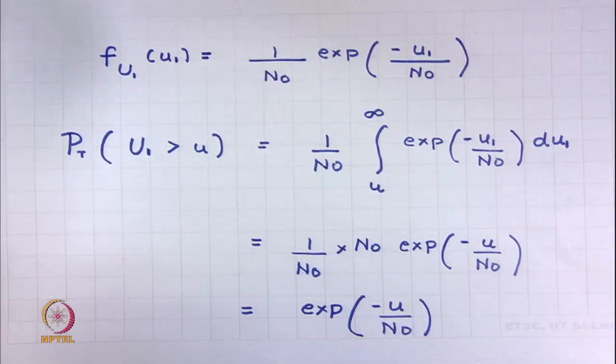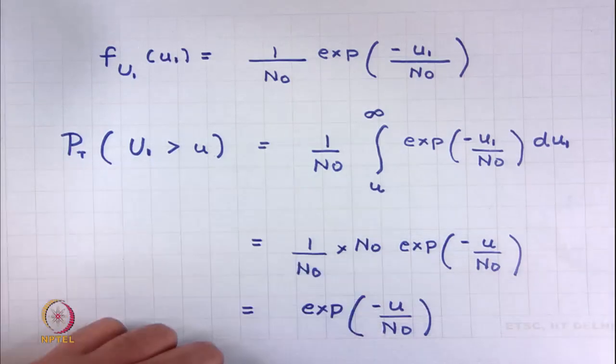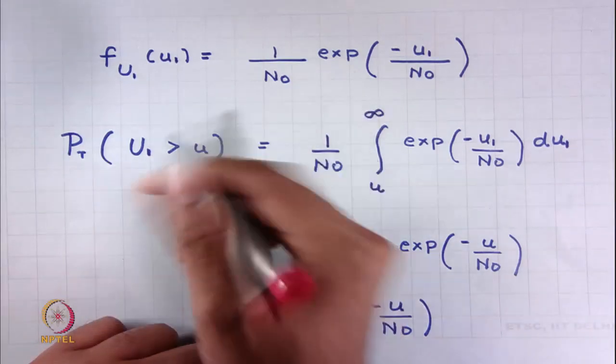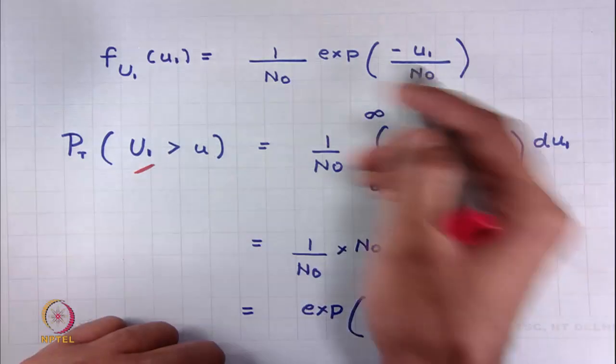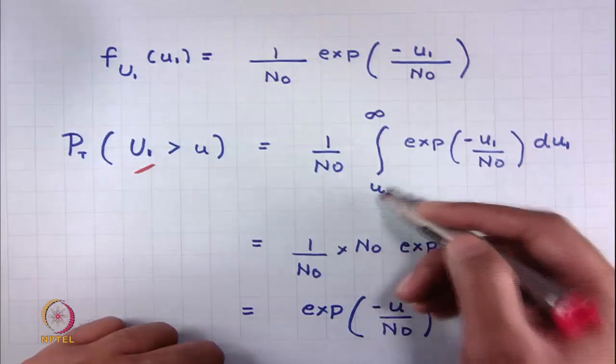Now, the first thing that we have to see before we can arrive at the probability of error formula is what is the probability that this random variable u 1 has a numerical value larger than u. And we know how to solve this. You simply have to integrate this PDF from u to infinity.